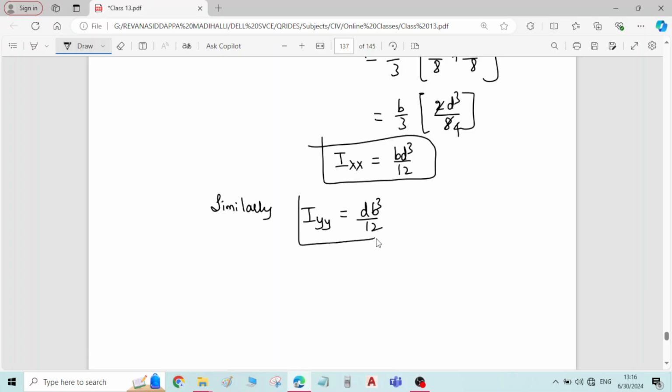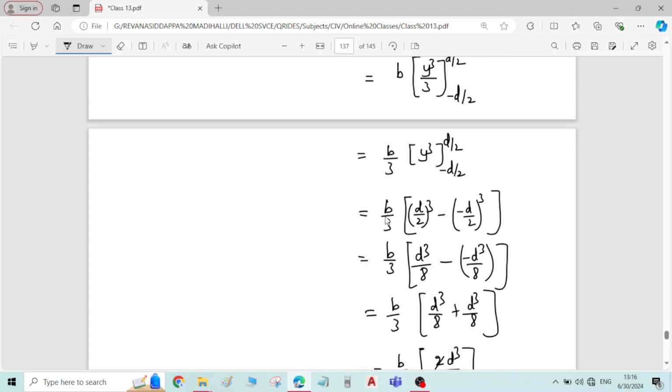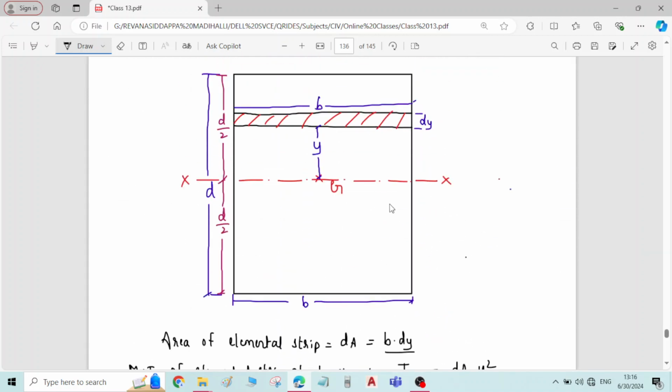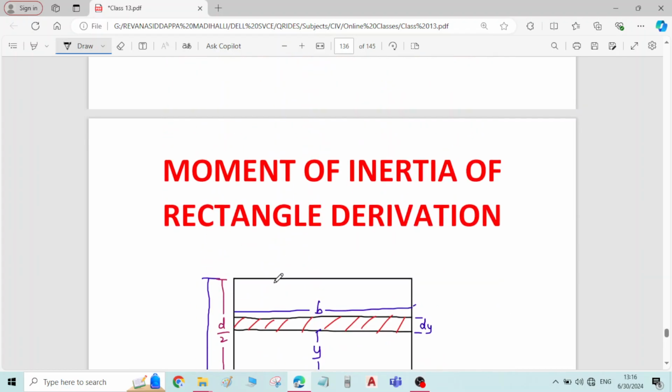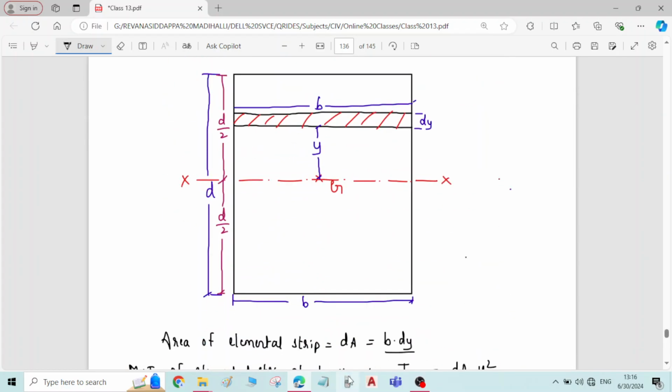No need to derive this expression in detail. You can just derive the equation for Ixx, then you just write similarly Iyy is equal to d b cube by 12. So this completes the derivation of the moment of inertia of the rectangle.